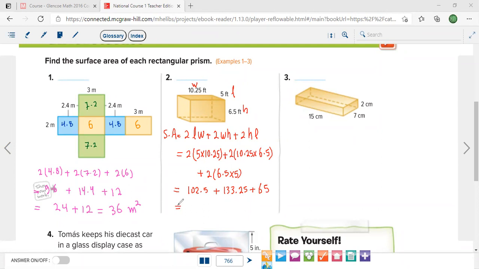Now we are going to add all these numbers. 102.5 plus 133.25 plus 65. This will give you 300.75 feet square.